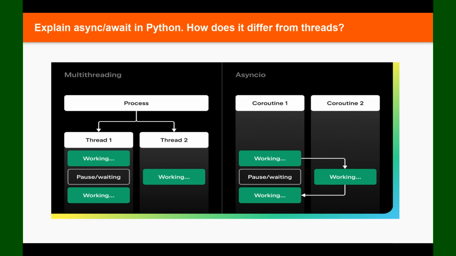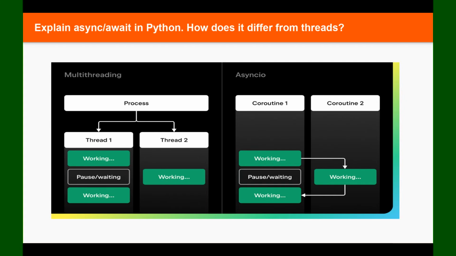Async and await are best for input and output bound tasks, whereas threading is used for CPU bound. The memory usage is high in threads compared to async and await.